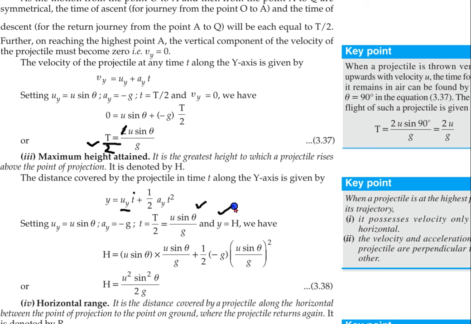Then y will be the maximum height, so I'll put h instead of y. Then uy is U sine theta, t is U sine theta by g, plus half minus g, for the upward direction, times t squared. If you solve it, you can find the maximum height attained.